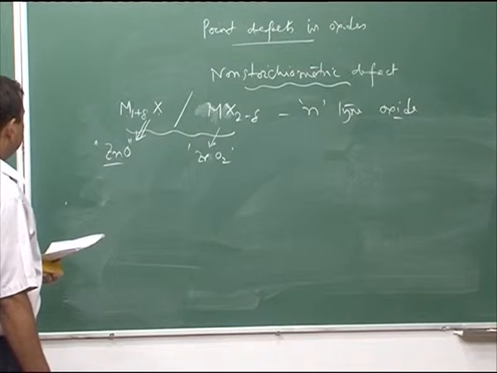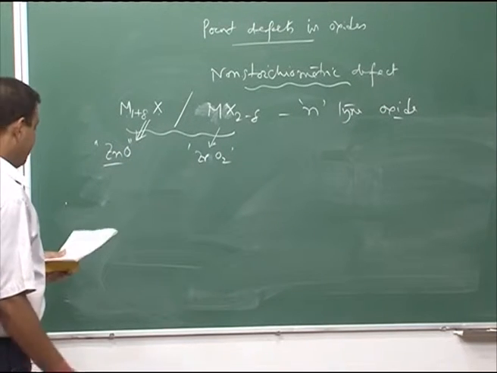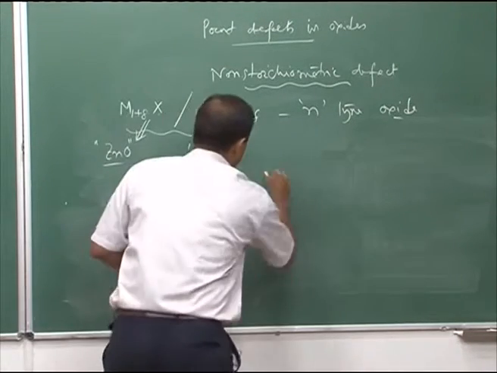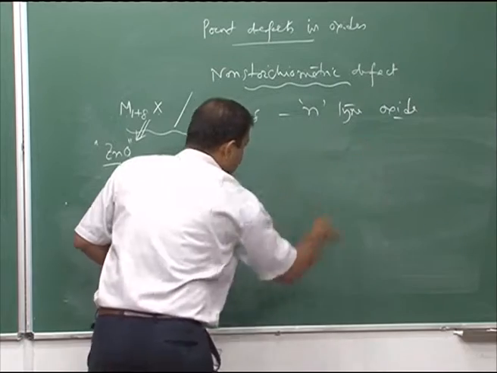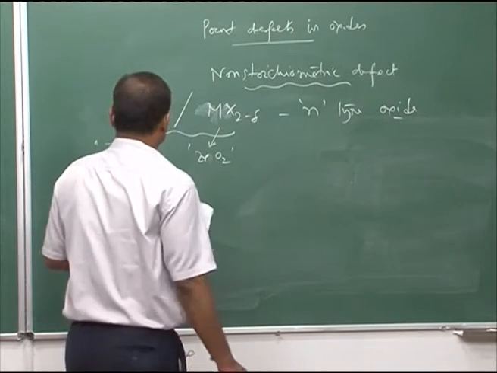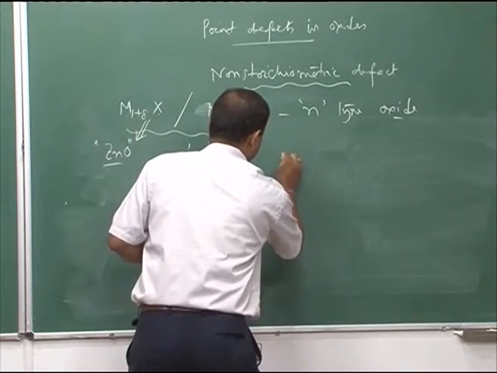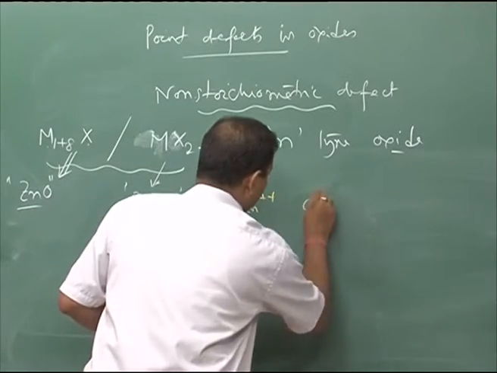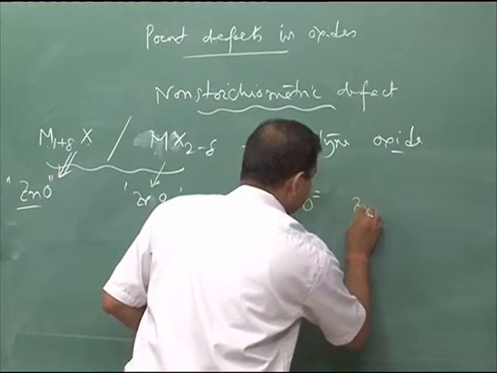Now, let us see the defect structure of ZnO. If we consider the defect structure of ZnO, then we can have a small part of the lattice in 2 dimensions, with Zn plus plus and O minus minus, distributed like that.